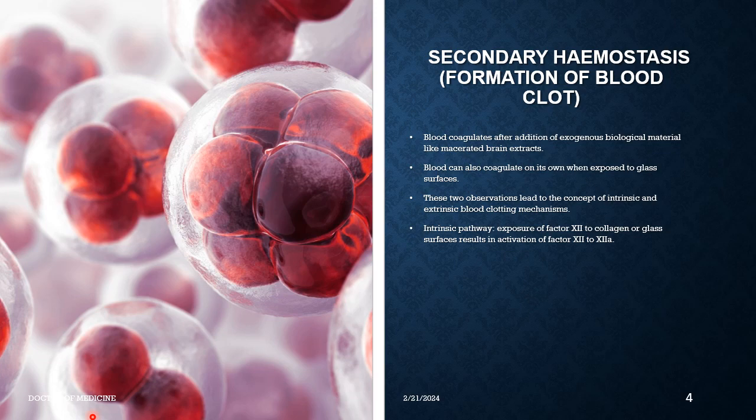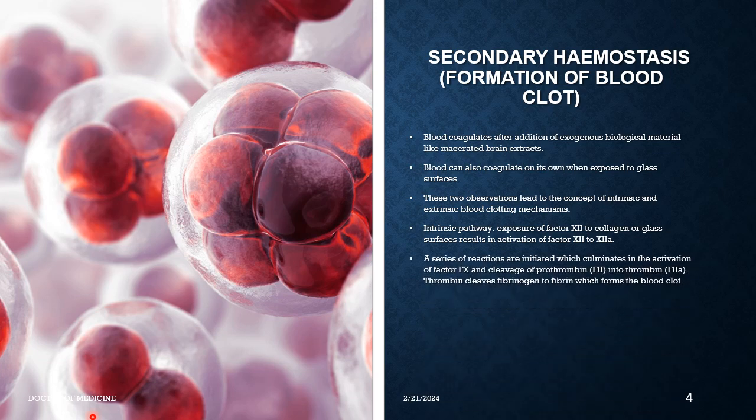Right, so the intrinsic pathway is going to be different from the extrinsic pathway, but both pathways are going to involve a series or a group of clotting factors. Clotting factors are going to be inactive plasma proteins, which when activated will be converted into a proteolytic enzyme that will further activate another inactive plasma protein into a proteolytic enzyme.